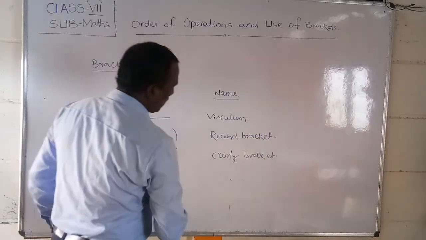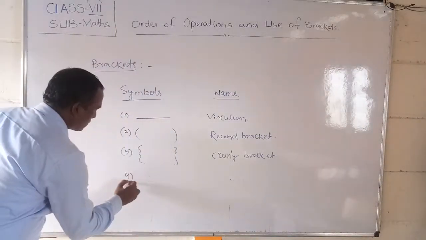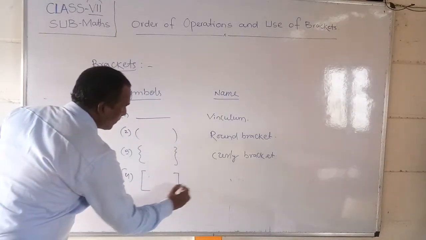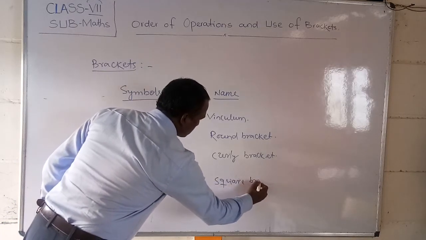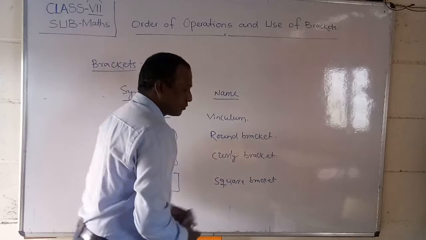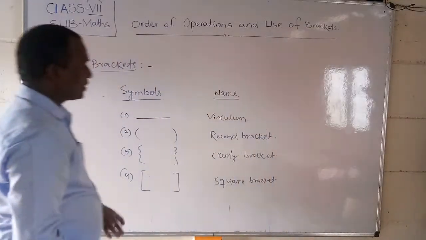The fourth one is the square bracket. Okay students, these are the four types of brackets.